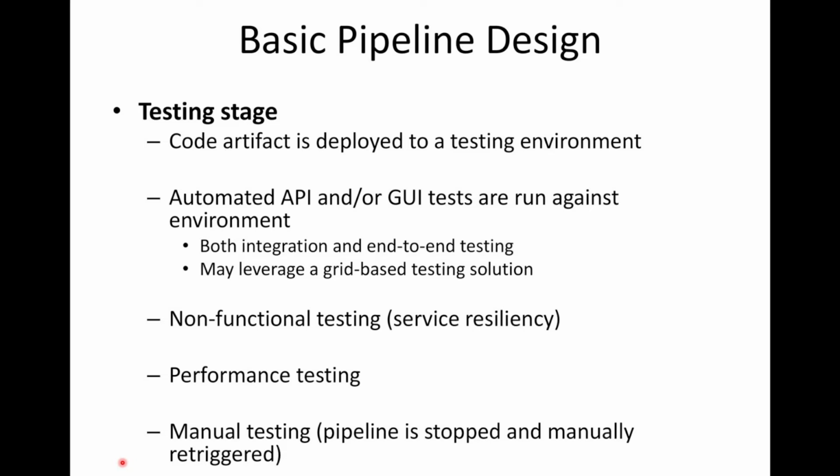We might run automated API tests. And these are both integration and end-to-end tests. Oftentimes, we're leveraging some sort of testing framework. Maybe we're using a grid-based testing solution like Selenium to do UI testing.